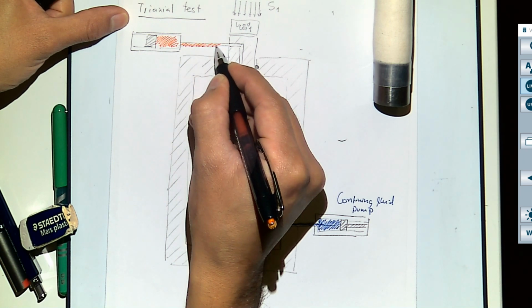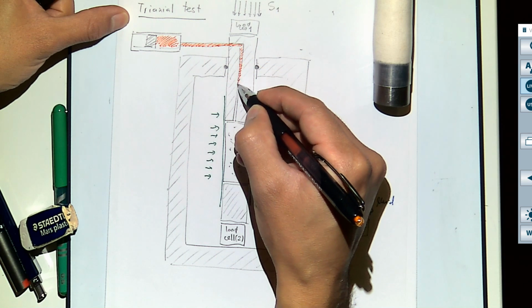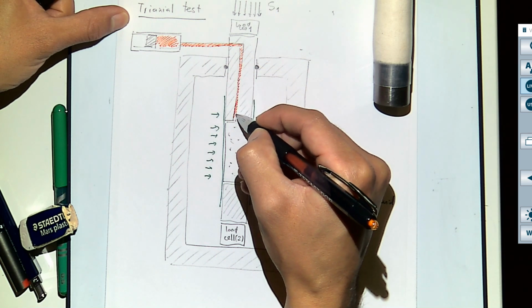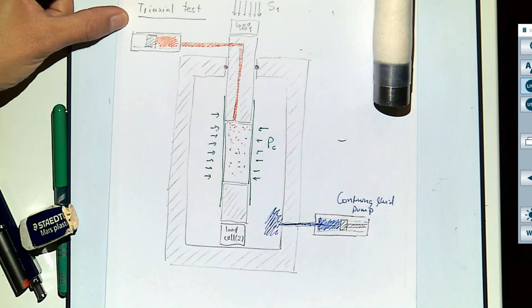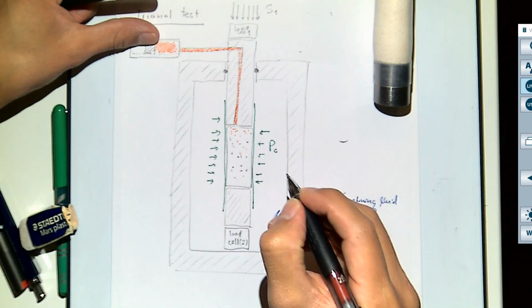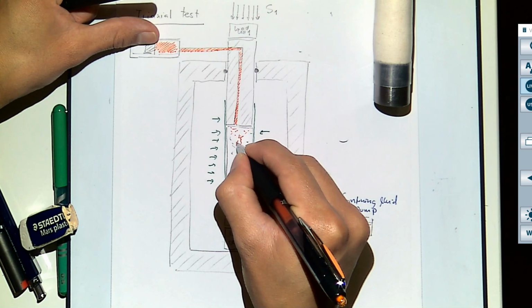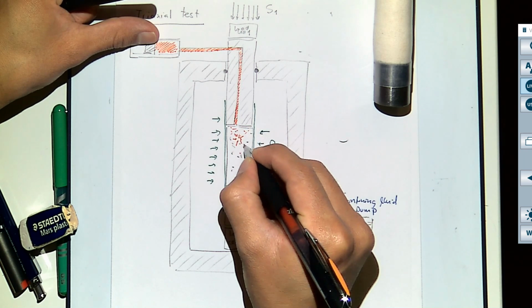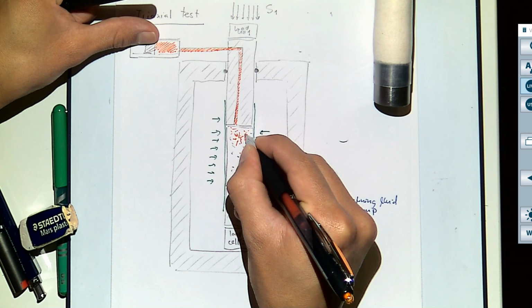It could be water, could be oil, could be gas, whatever the fluid you have in your actual rock. And inside here, then you're going to have a pore pressure PP.